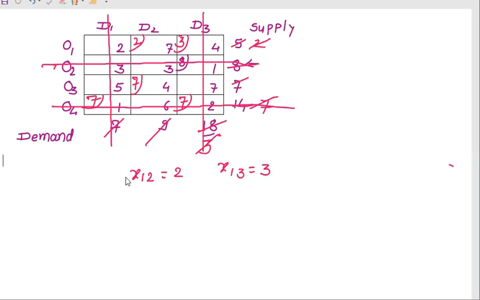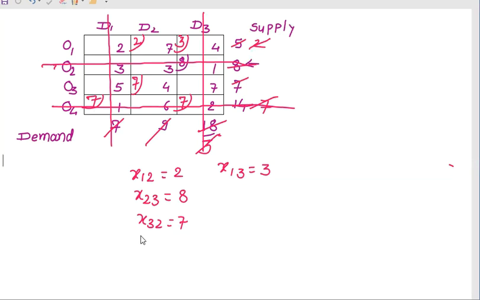Second row, from the second factory, all eight units are transported to the warehouse D3. So X23, that is from the second factory to the third warehouse, 8 units are transported. Third row, X32, 7 units are transported from the third factory to the second warehouse.